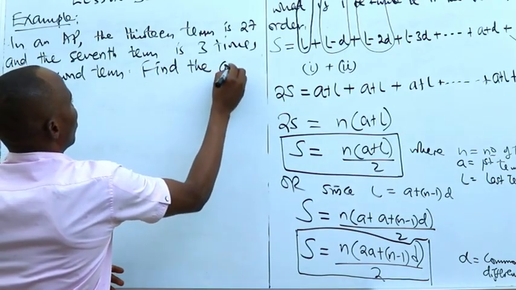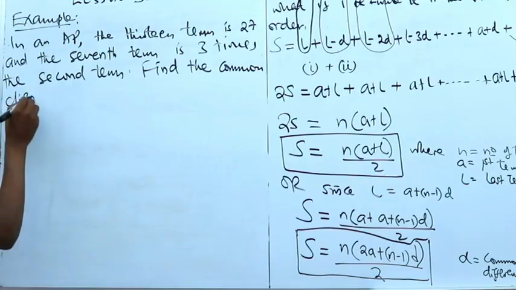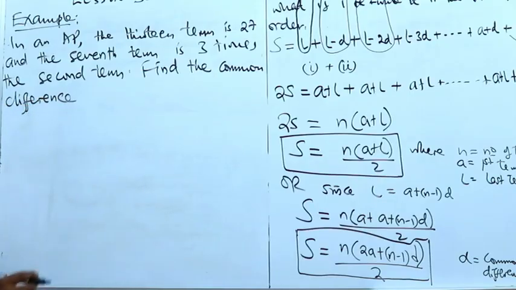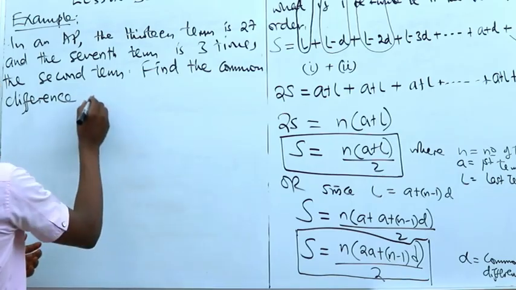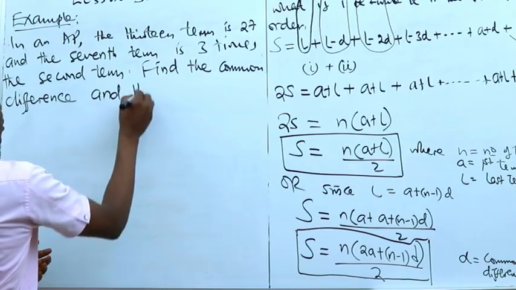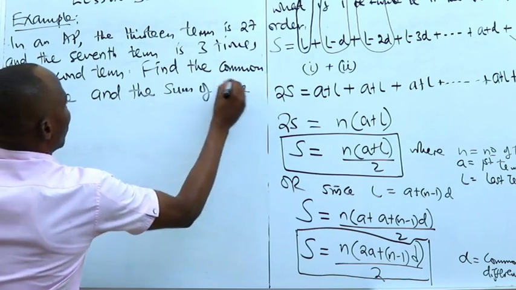Find the common difference and the sum of the first 10 terms.